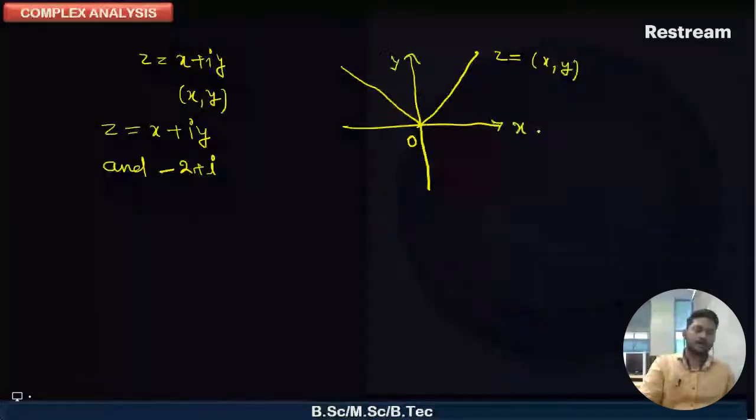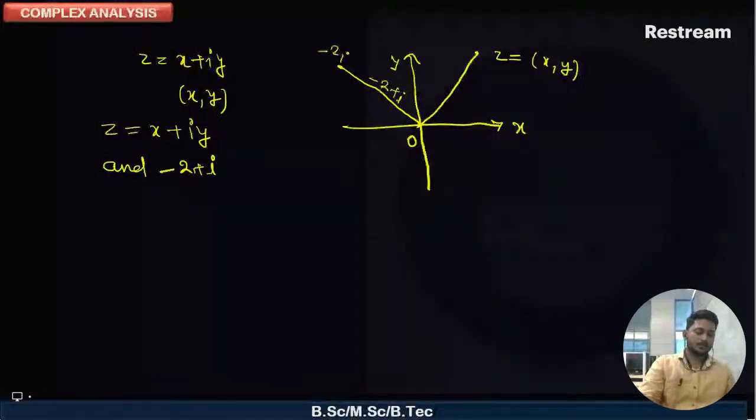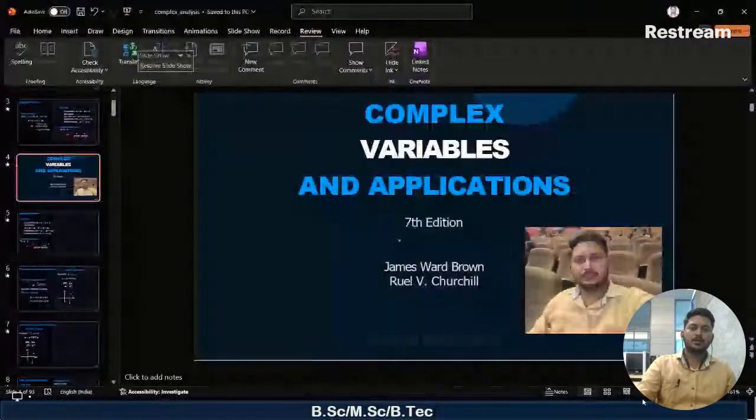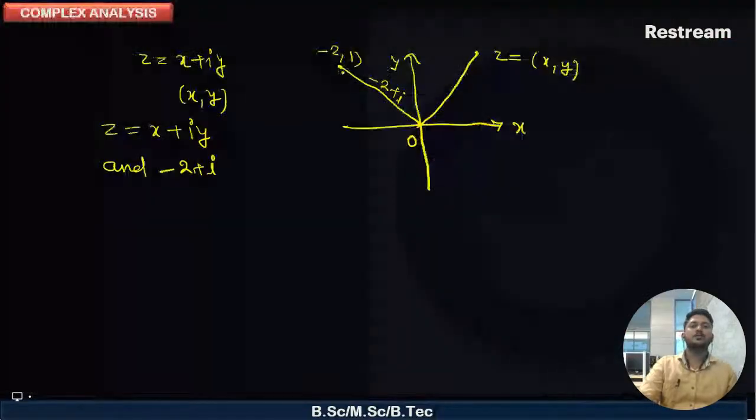In this direction it gives you minus 2 plus i, and this is the graph for z = x + iy, a point like 2 comma 1. For this coordinate we use minus 2 comma 1. This coordinate gives you x and y, so this is our imaginary part and this is our real part.